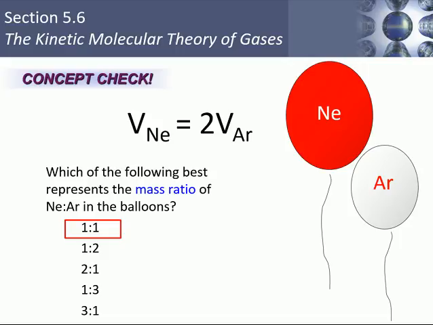Now, the reason that there is a 1-to-1 mass ratio is because neon is about half as massive as argon. So if you have twice as much neon, the ratio of mass is going to be about 1 to 1. And if you don't believe me, go ahead and check your periodic table.